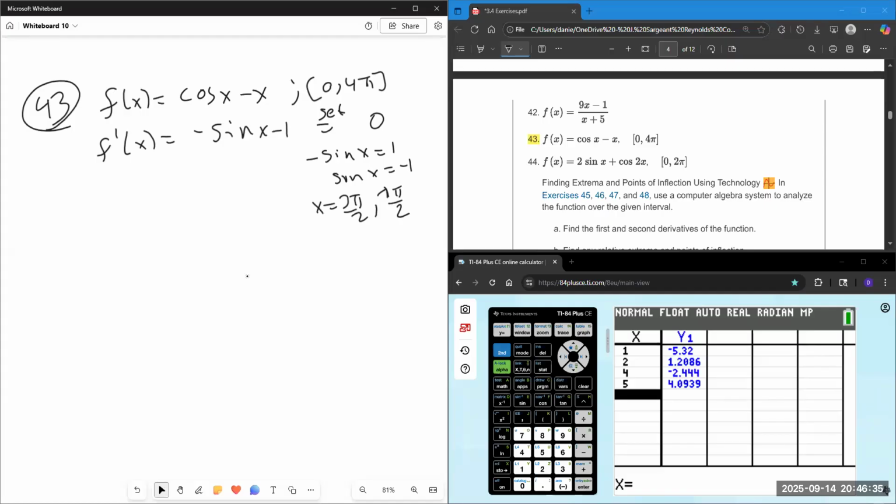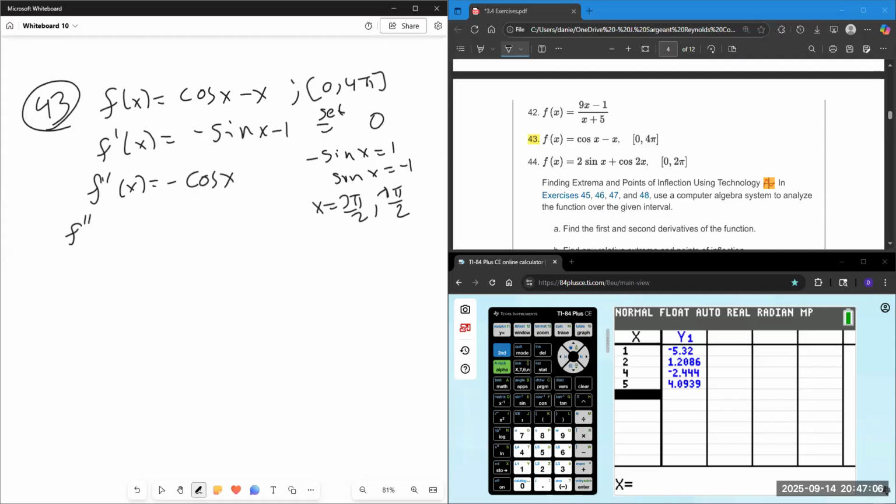For my critical numbers, f double prime here is going to be a negative cosine of x. F double prime of x is equal to a negative cosine of x.